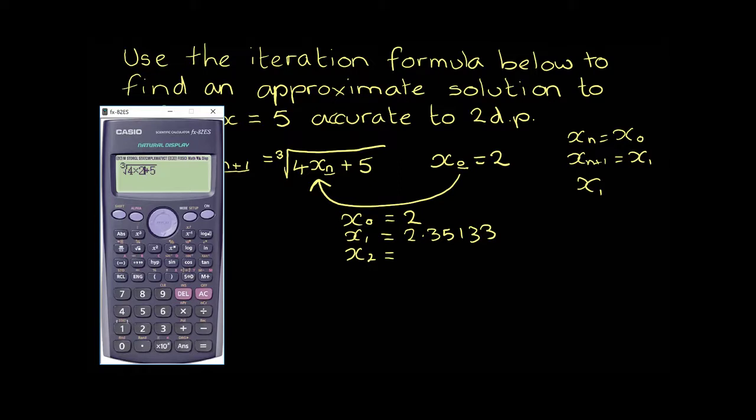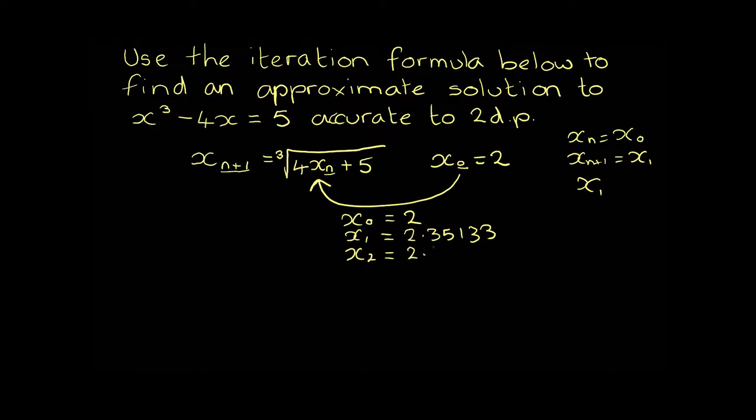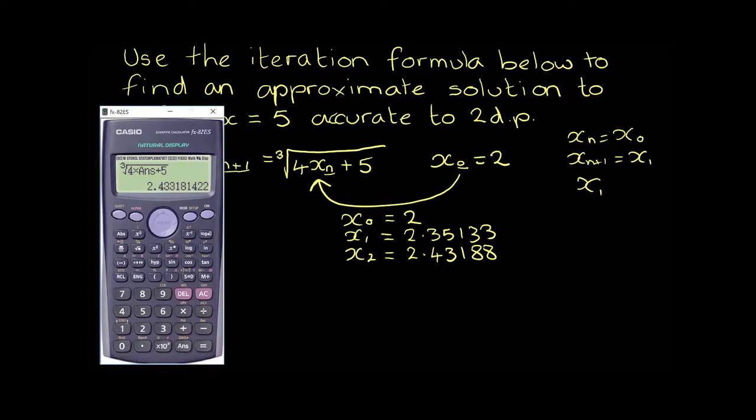But what we're going to replace it with is answer, which was the 2.35133 that we had before, and press equal. And that gives us the next version. So 2.43318, I'm going to write down 2.43318.